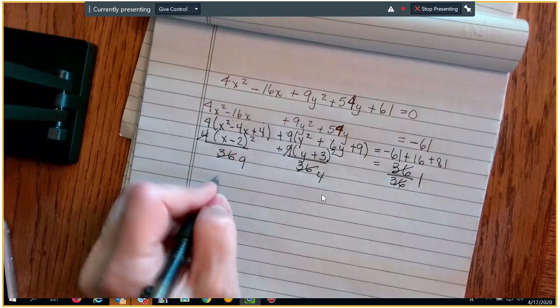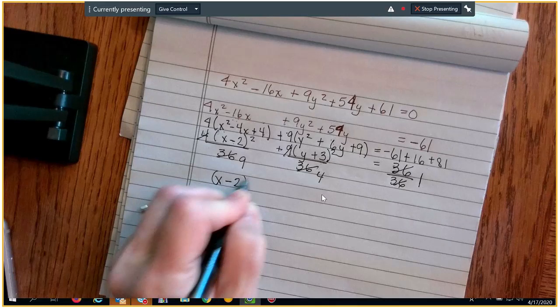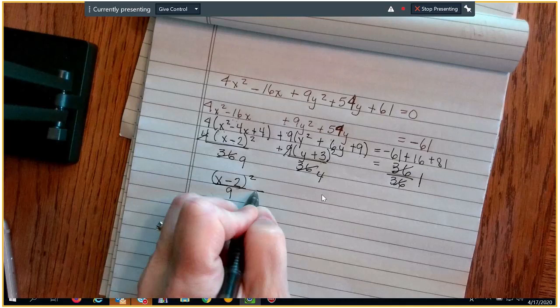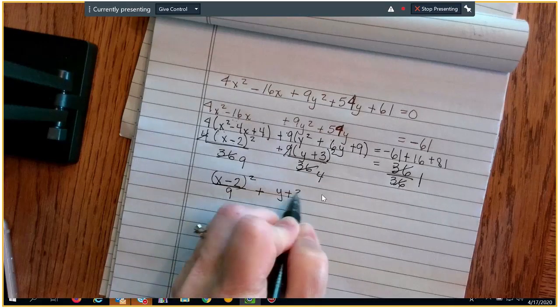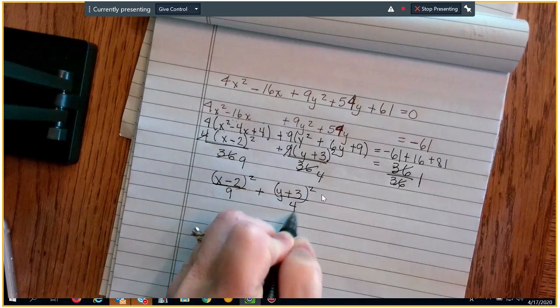So now I have x minus 2 in parentheses squared all over 9 plus y plus 3 squared all over 4, and that equals 1.